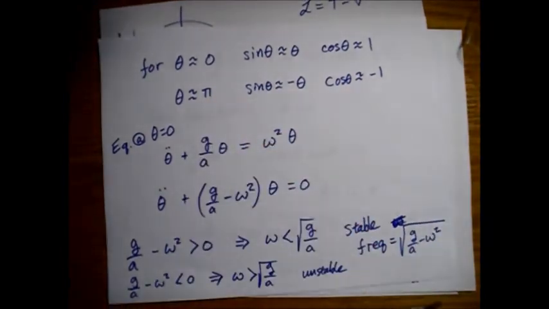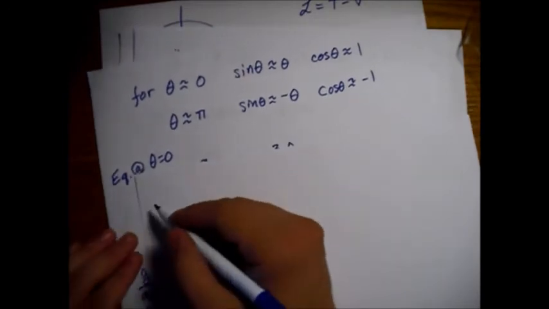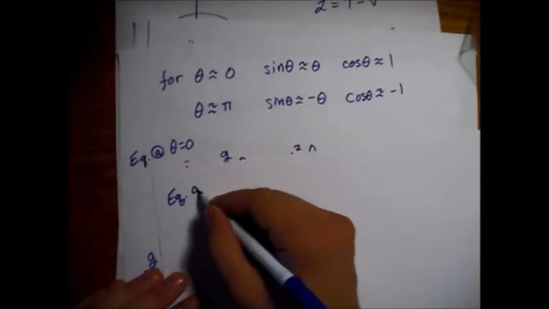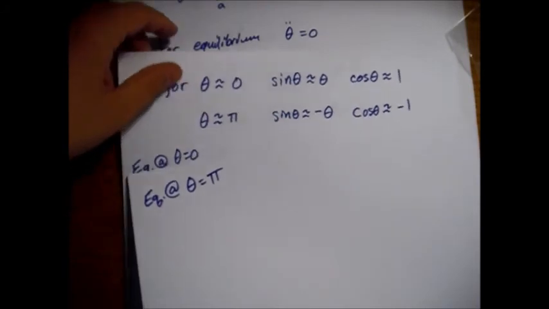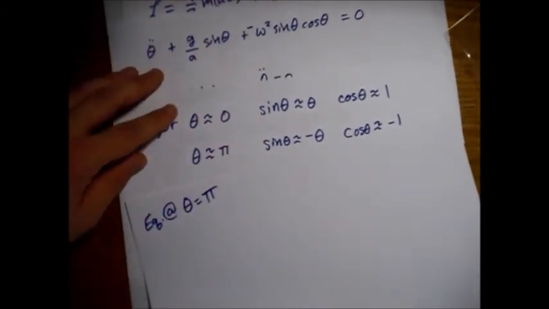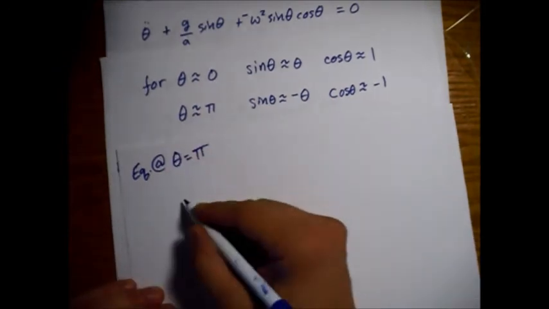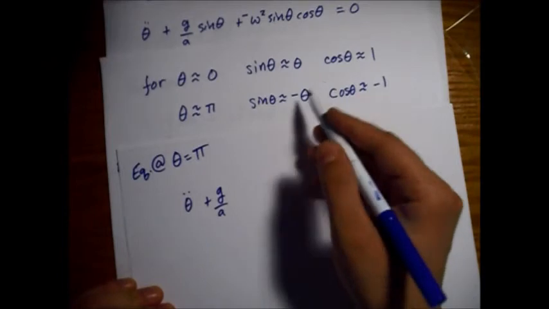So rather than equilibrium at theta equals 0, let's do equilibrium at theta equals pi. Now we go back to our full equation of motion right here and plug in these values. So we have theta double dot plus g over a.